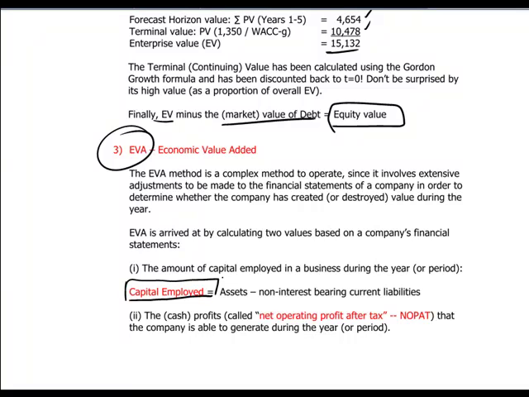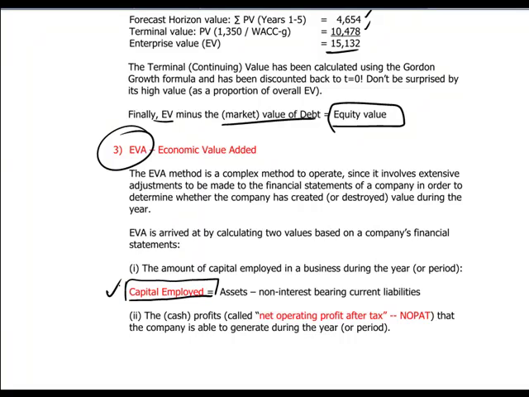economic value added seeks to make adjustments to the basic financial statements to come up with a proper adjusted capital employed number. It's putting things that otherwise may be written off for various financial reporting rules, items that need to be added back or capitalized on the balance sheet.